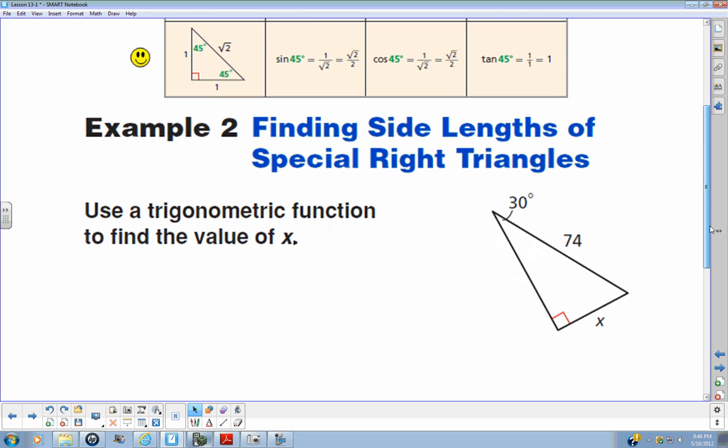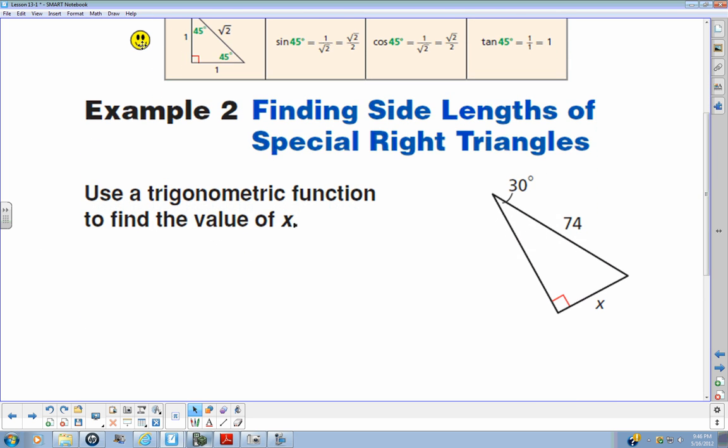So here we have a right triangle, and they want us to find the value for x. Since they give us the 30-degree angle, one of the things you might want to do, and we'll go ahead and do that, is label the sides of the triangle.